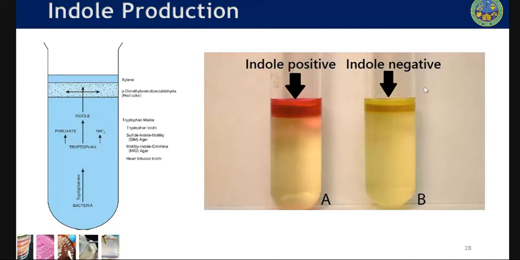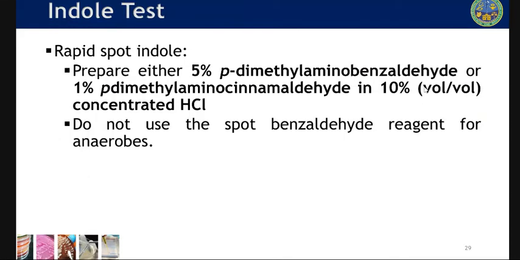Other than your sulfide indole motility agar, you can make use of your motility indole ornithine agar, or you can make use of broth as well, with tryptophan being the substrate. If you happen not to make use of the tube method, then you could use a rapid spot indole method.